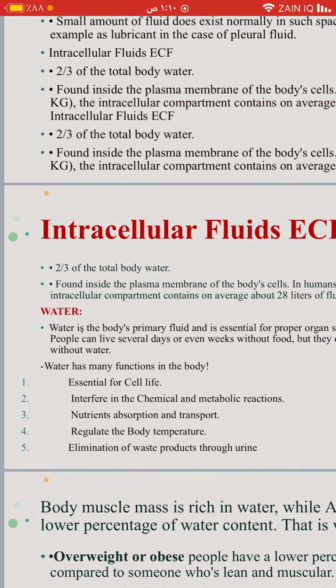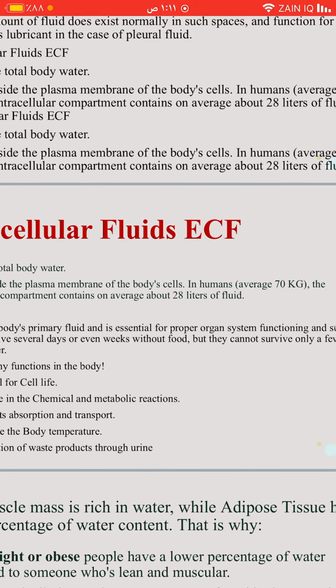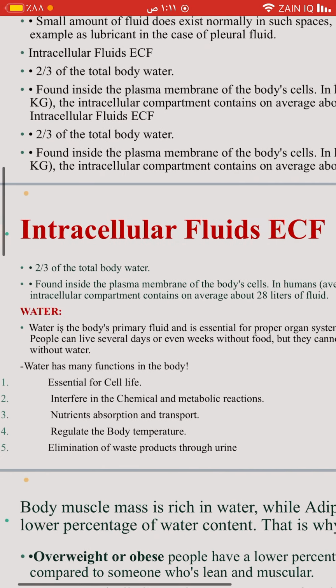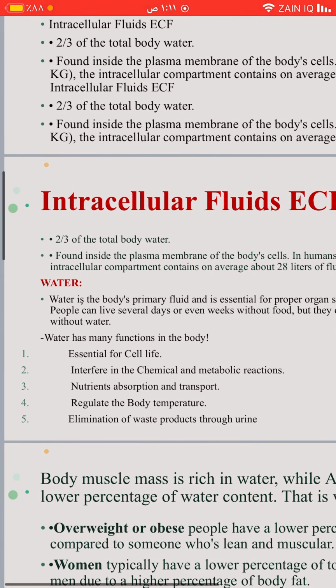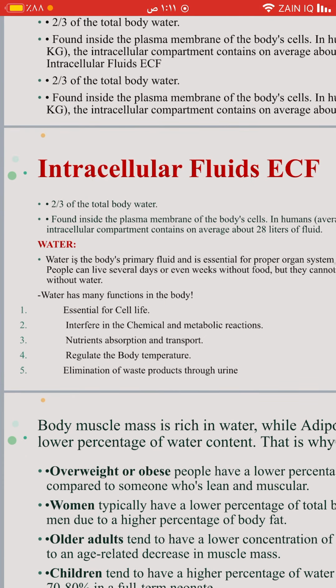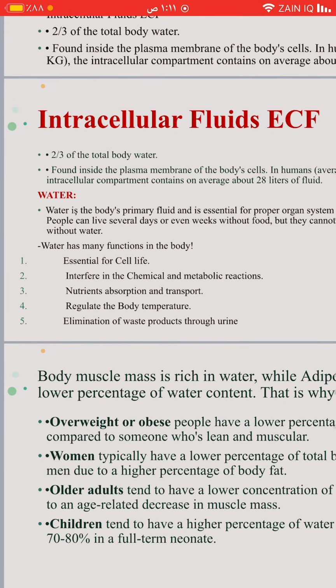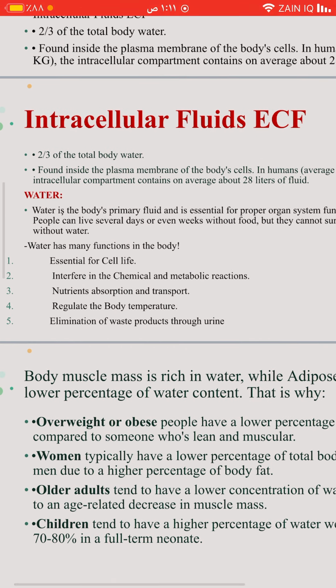People can live several days or even weeks without food, but they cannot survive more than a few days without water. الوتر has many functions in the body. يعني الوتر عنده عدة مهام بالجسم: essential for cell life, interferes in chemical and metabolic reactions, nutrient absorption and transport, regulates the body temperature, elimination of waste products through urine.